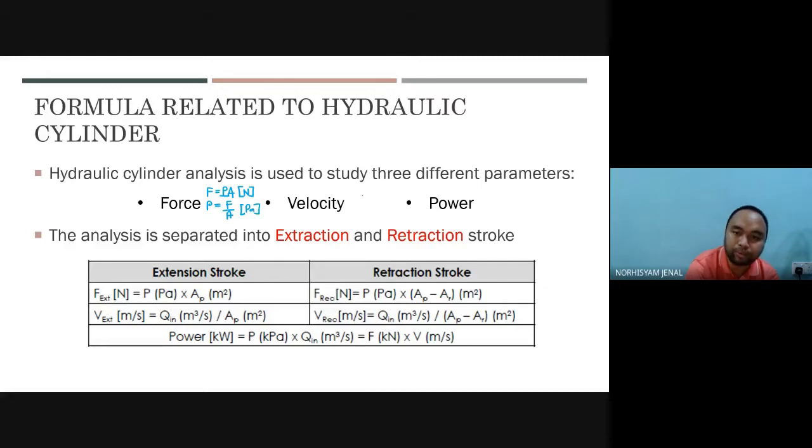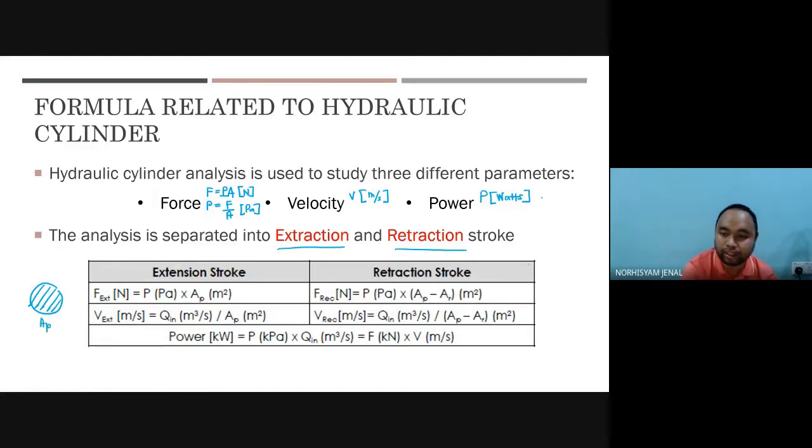Velocity will be V, with the unit in meter per second. And then power, P, with the unit in watts. It is separated between extension and retraction. As I said to you just now, it is the same piston, however the area over here is AP, A piston.